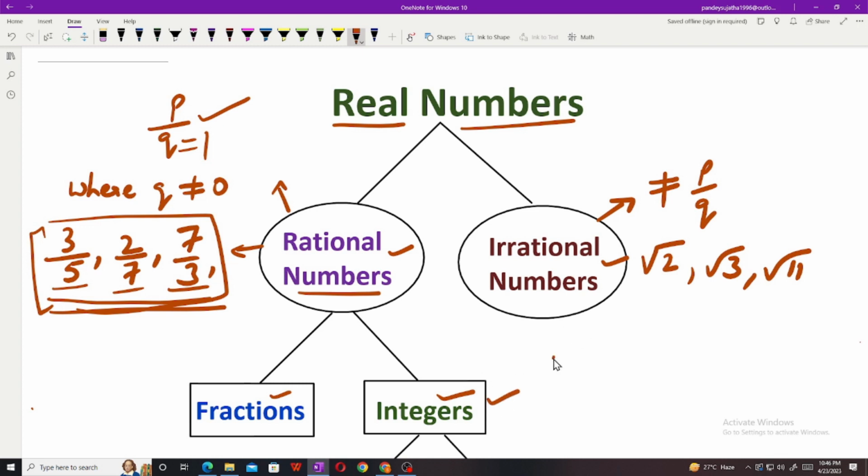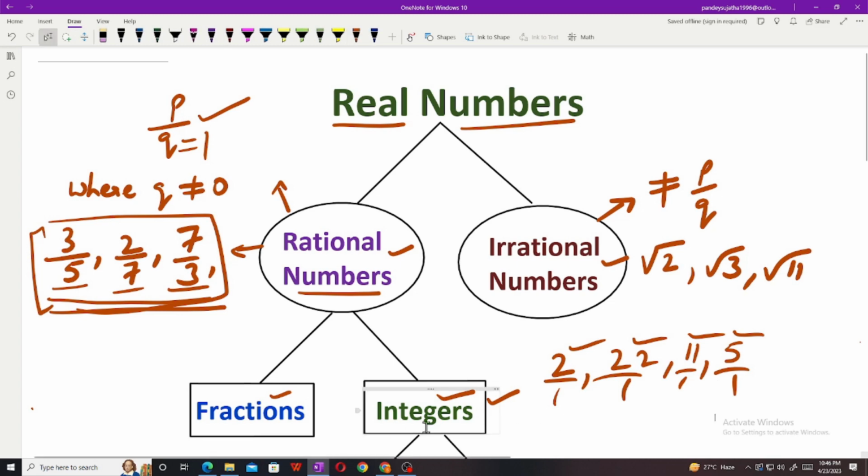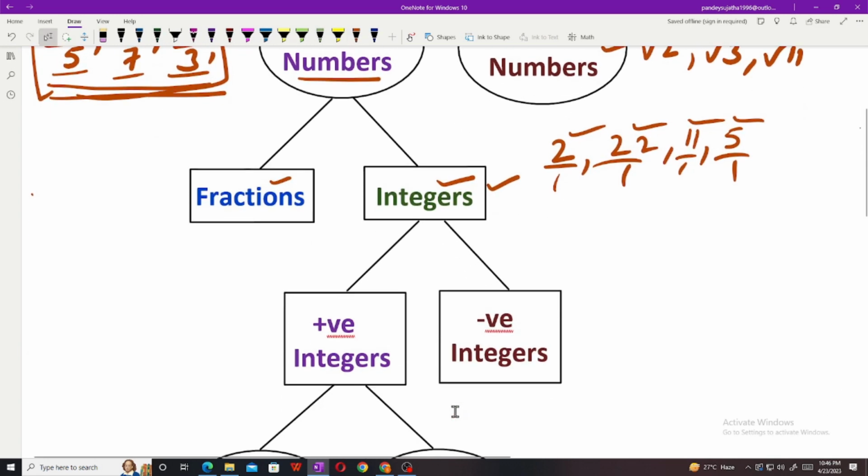For example, 2, 22, 11, 5. Can you see? For all these numbers, the denominator is 1. So these numbers are said to be integers. Now integers are of two types, positive integers and negative integers.